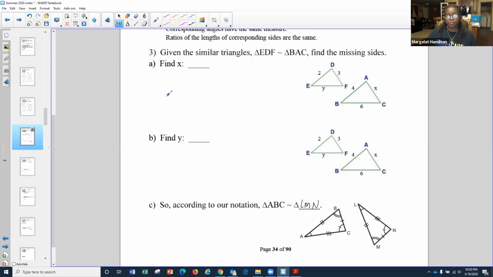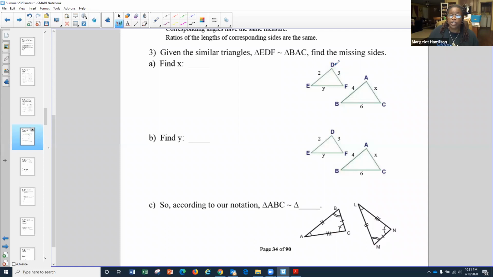Those are two different things. There are many ways to set up a ratio. I'm going to show us some different things. What's important to remember is that we should be consistent. How we start is how we should finish.